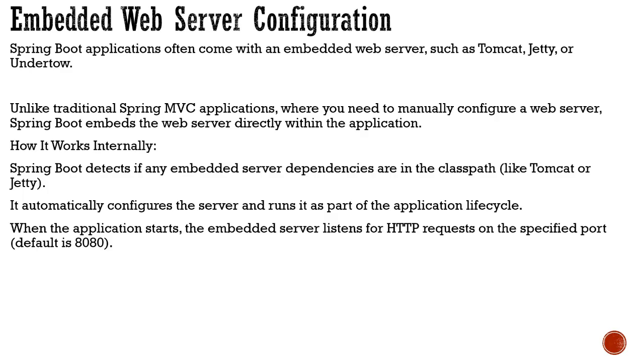That's how Spring Boot saves you time and effort. It will automatically detect the dependencies in the classpath and configure Tomcat or Jetty, automatically configuring the server and running your application along with its life cycle, right?